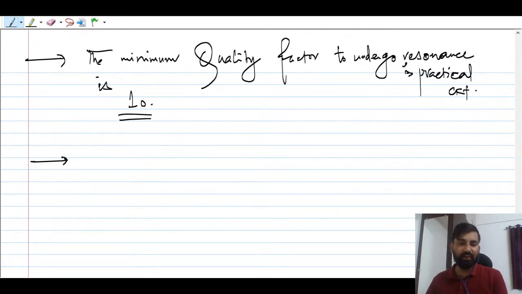Now let us define what is Q factor. Q factor is nothing but a ratio that you have to understand.